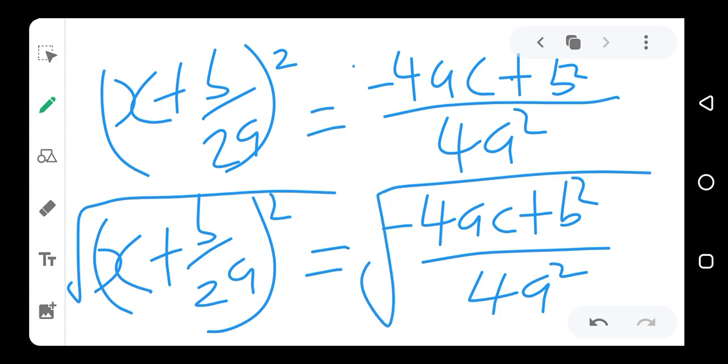So we've taken the roots of both sides, so we simplify. The square root of a value that is squared will give you the same value.